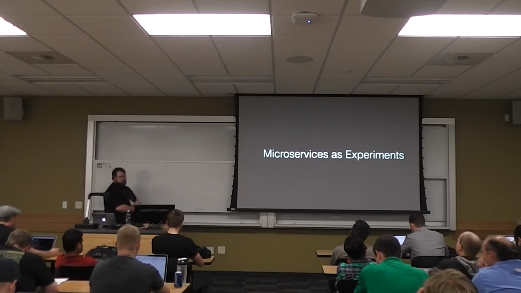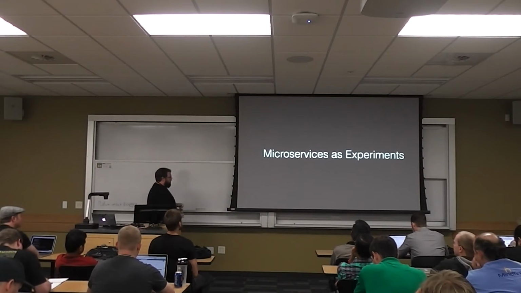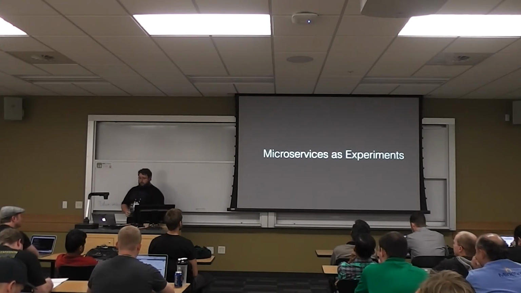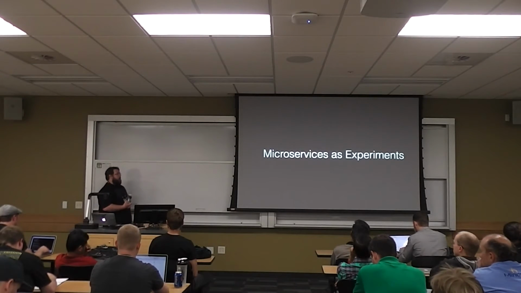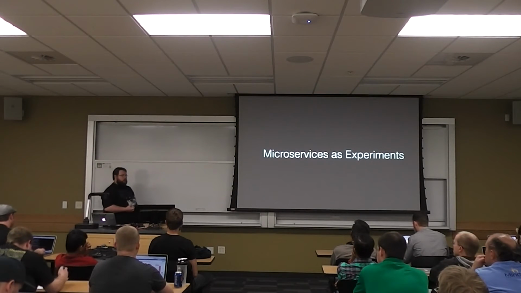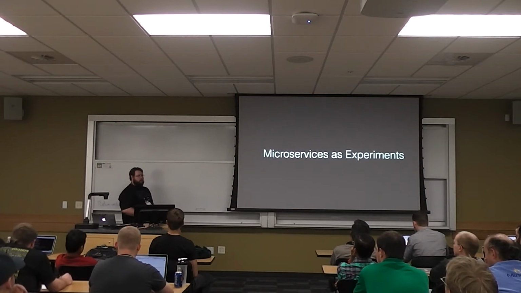Finally, microservices as experiments, and this is my favorite one. This is my favorite one because it's one of the ones that we've actually implemented, and have implemented fairly well, in our current environment. This one deals with the question of what happens when you have a feature and you don't know where it's supposed to go. So for us, we have a survey system. Every time we have a customer interaction, we collect survey information from them.